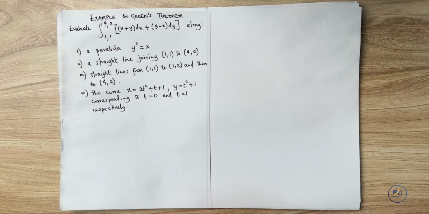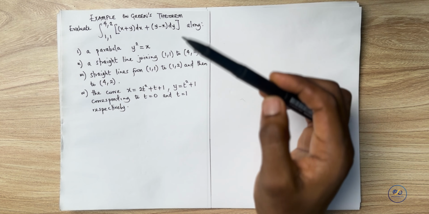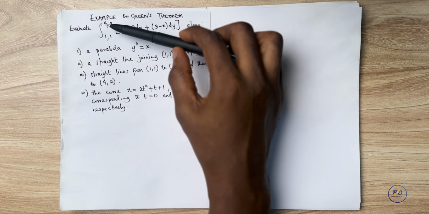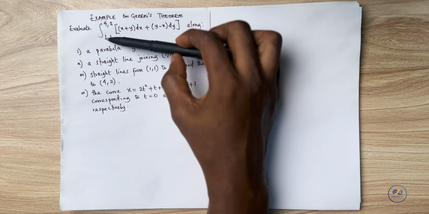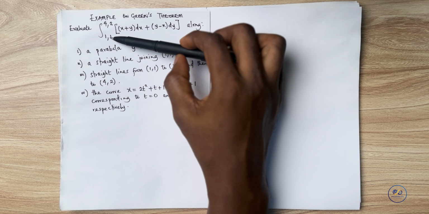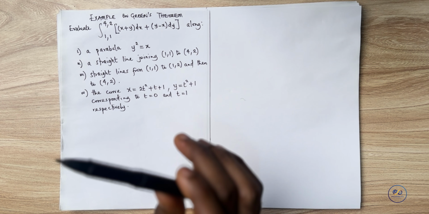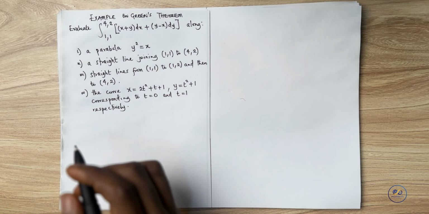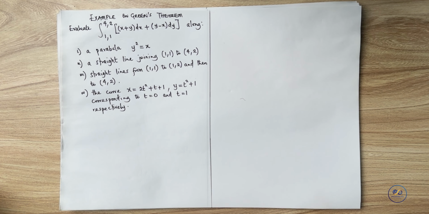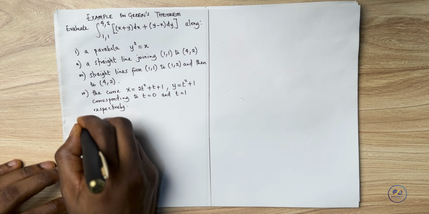In evaluating this integral, we notice first and foremost that we have been given the bounds on the x and the y side. So you have x from 1 to 4 and then y from 1 to 2. That has been given to us. So we can rewrite our start points and end points as necessary.